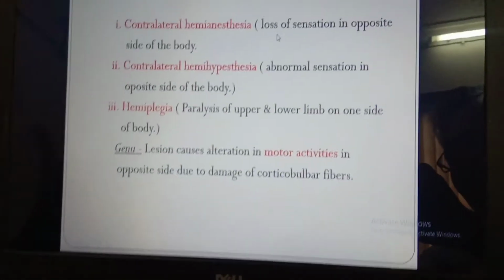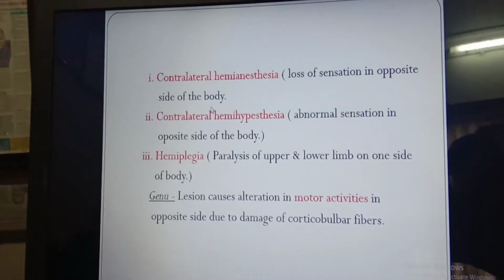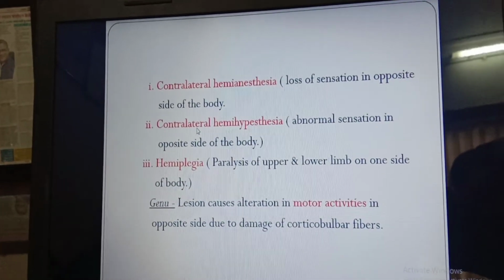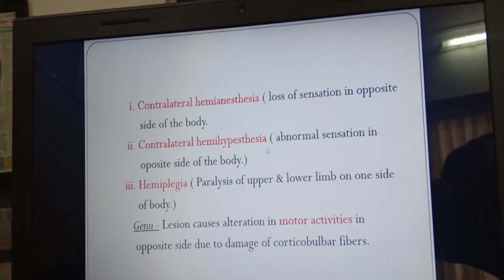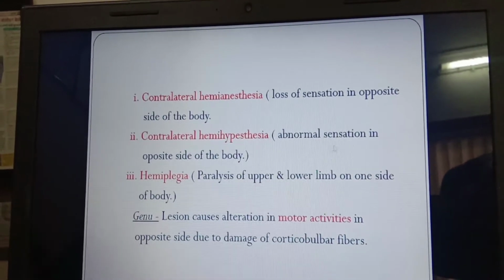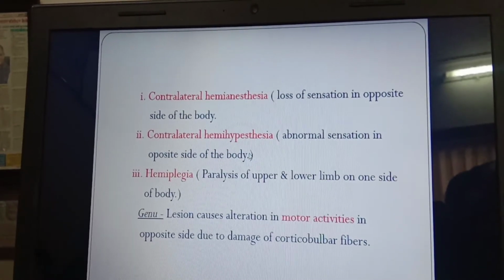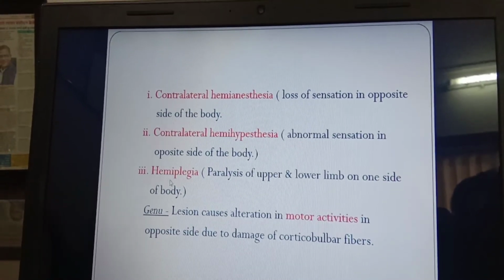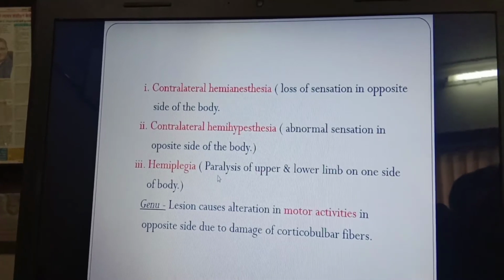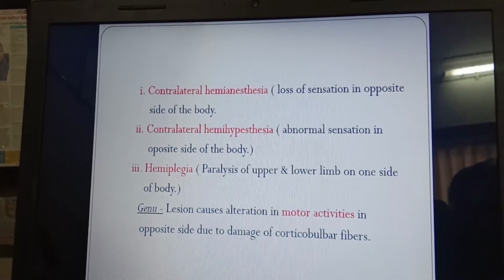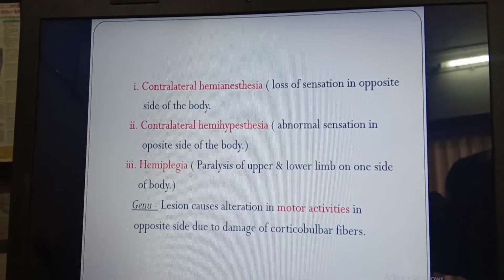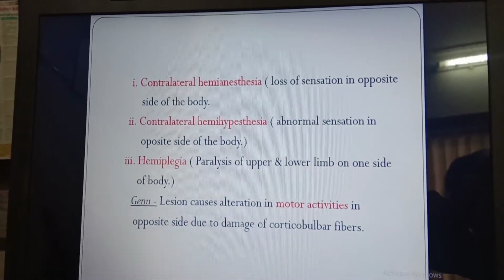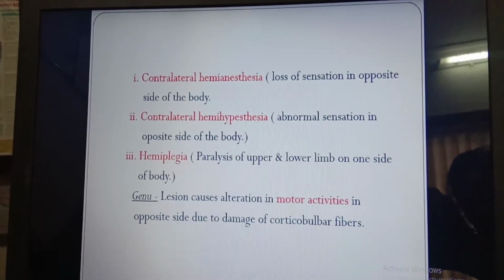So contralateral hemianesthesia is loss of sensation on the opposite side of the body, and contralateral hemihypesthesia is abnormal sensation on the opposite side of the body, again due to the medullary decussation, and hemiplegia is paralysis of the upper and lower limb, again on the opposite side of the lesion in the internal capsule.